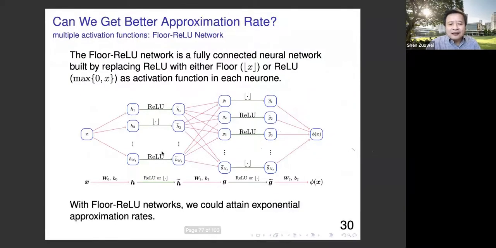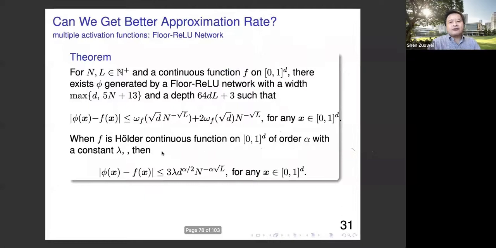Given that, what is the result? The result is surprisingly good. Forget about this, this is the continuous case. Let's look at the Hölder continuous case, say when the Lipschitz exponent alpha is 1. Here you already get rid of the curse of dimensionality because d doesn't matter.